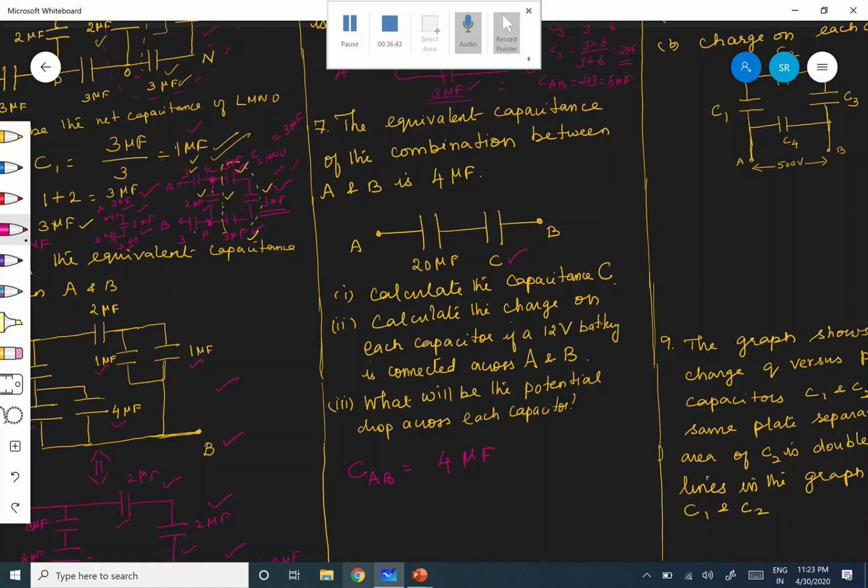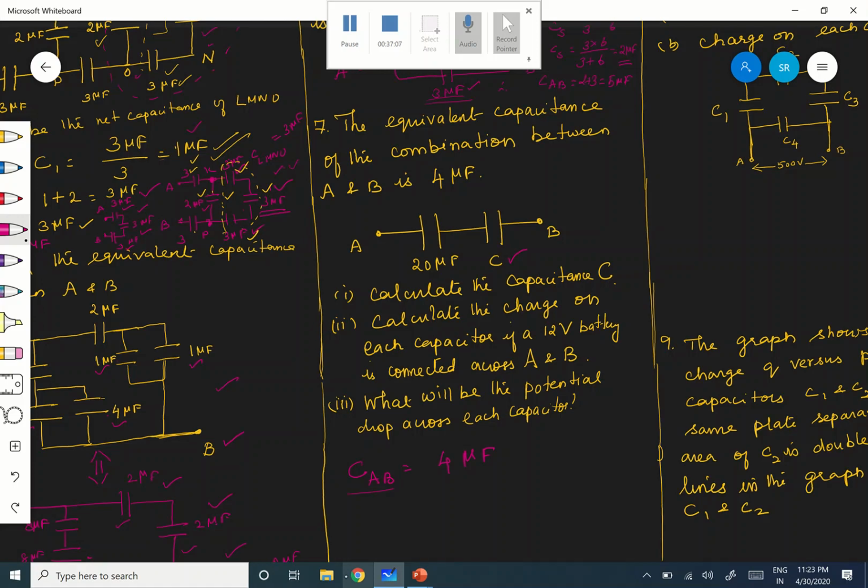How to calculate the capacitance C? Very simple. You know that both are in series. Therefore, 20 and C are in series, and their equivalent capacitance is nothing but CAB.